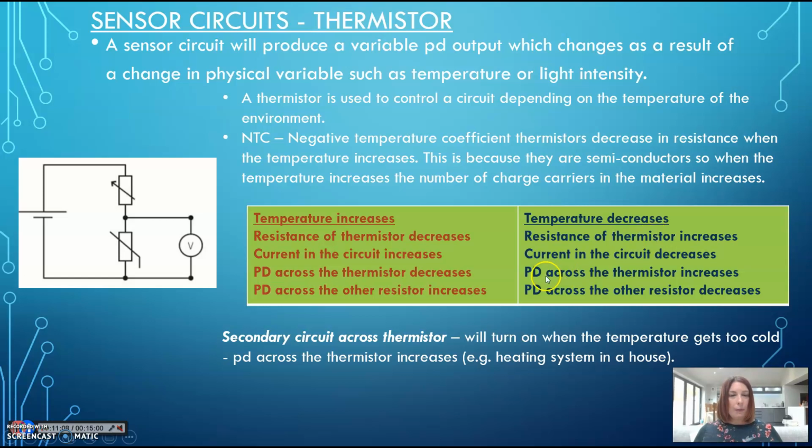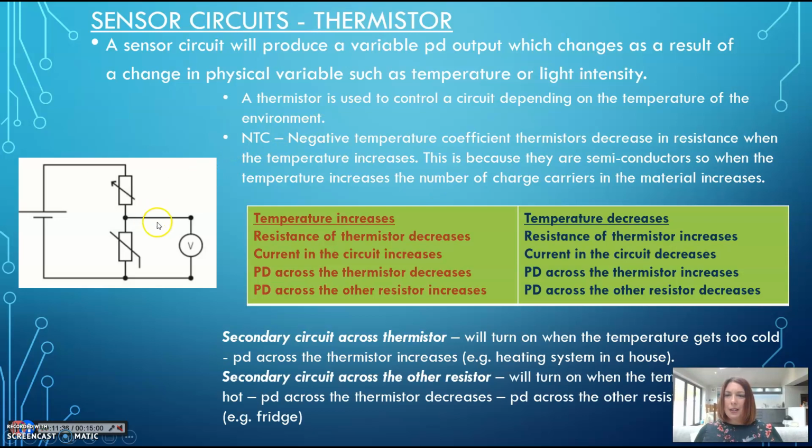When the potential difference across the thermistor increases, you need it to be high enough for there to be a big PD across it. So if you attach a secondary circuit across here, then when the temperature gets cold, the potential difference across the thermistor will increase and this circuit will turn on. So that's really helpful in heating the system in the house. If the temperature decreases, your circuit turns on.